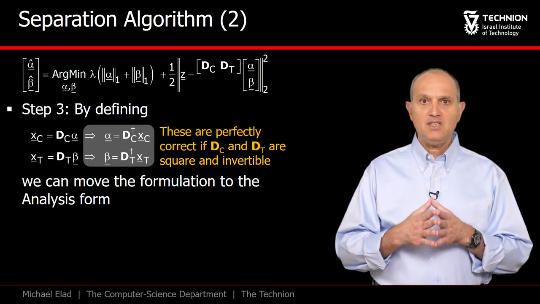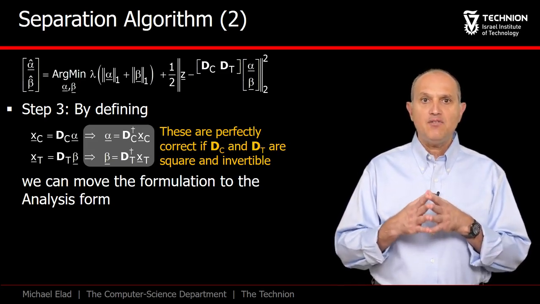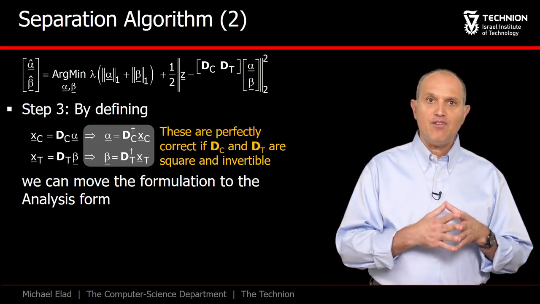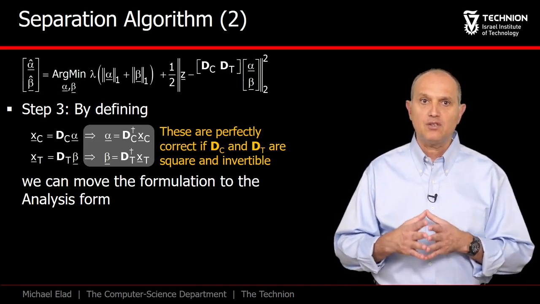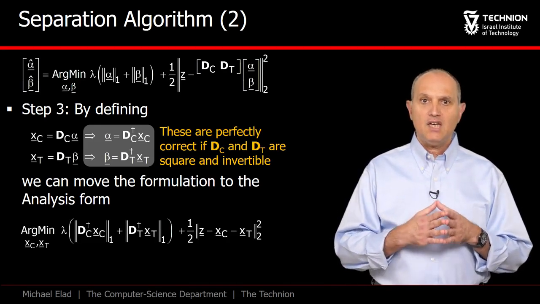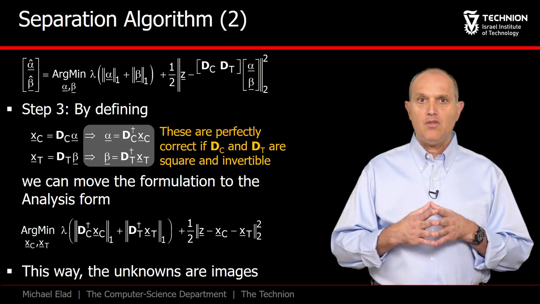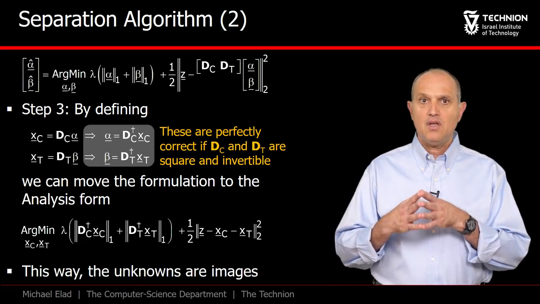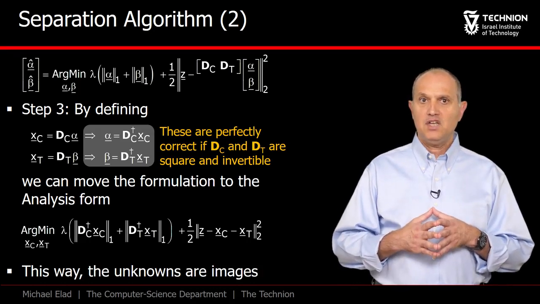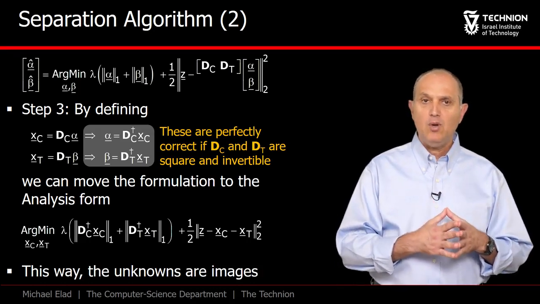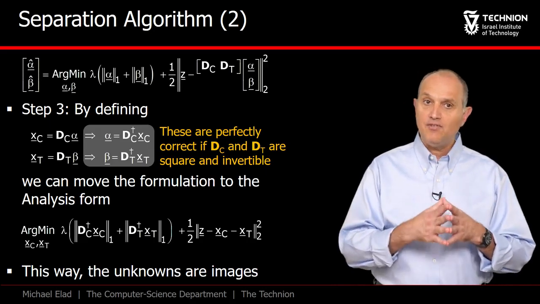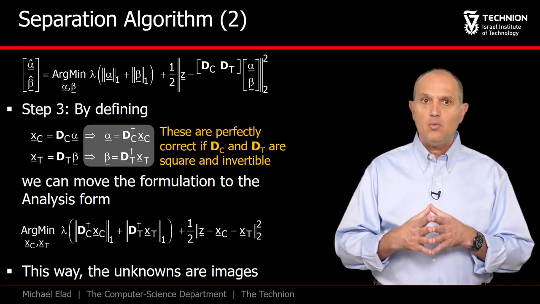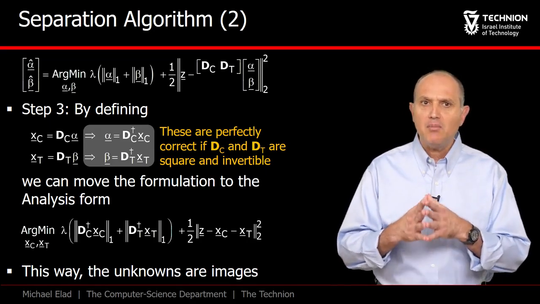Suppose for now that DC and DT are square and invertible, and thus we can write alpha and beta in terms of these two new vectors. Then, plugged back into the original problem, the optimization is now done with respect to XC and XT. This is the analysis form. It is perfectly equivalent to the original problem when DC and DT are square and invertible. But when they are not, we get something else and quite interesting by itself.